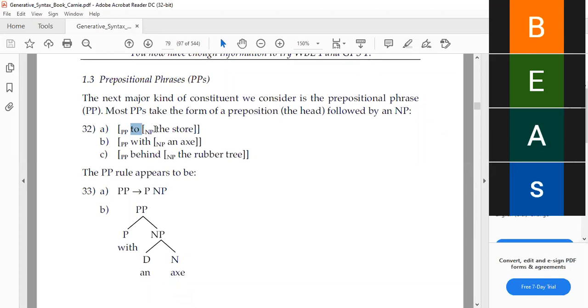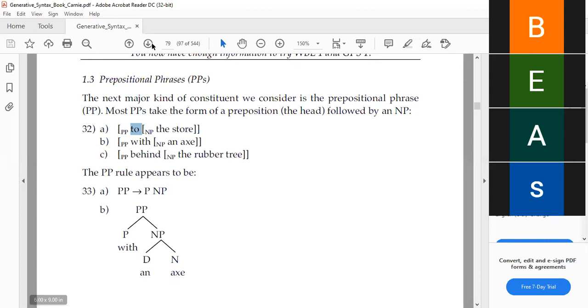Thank you. So here we have, "to the store" is a prepositional phrase. To is the head, P, preposition, and "the store" is an NP. With an X, the same thing, with preposition and NP. "Behind the rubber tree": behind is the preposition, "the rubber tree" is the NP.